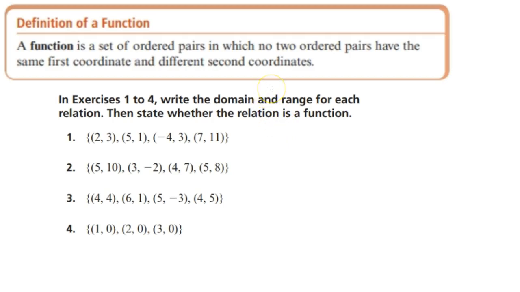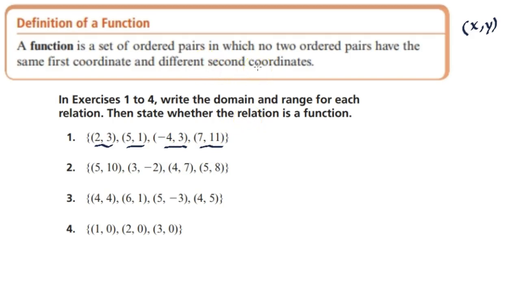Just so we know what an ordered pair is, which was discussed earlier in the term, in chapter P, just to review, an ordered pair is in the form x comma y. So this is an ordered pair. In this first problem, we have 1, 2, 3, 4 ordered pairs.